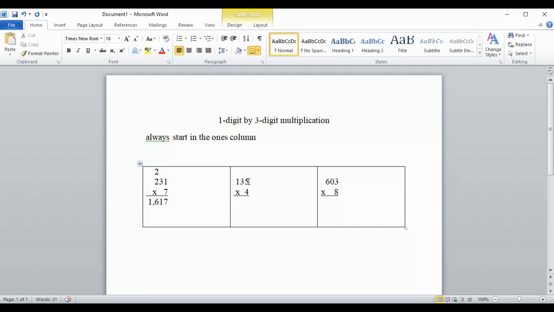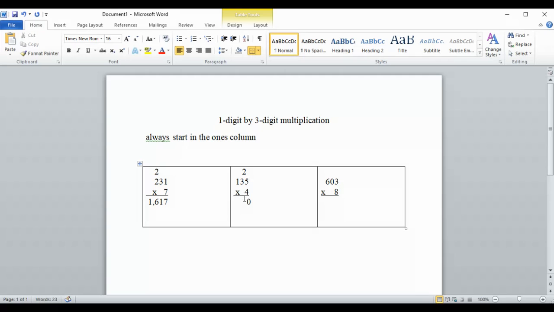Now we have 135 times 4. 4 times 5 is 20. So we are going to put down the 0 and we are going to carry the 2. And next we're going to do 4 times 3, which is 12, plus this 2, 14.